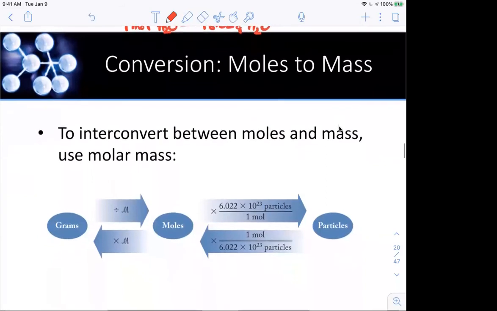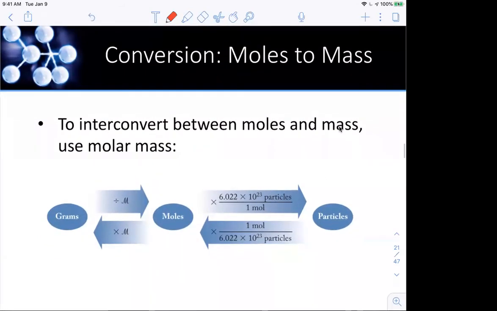So I can use this as a conversion factor to convert between moles and mass of a particular substance. This is just going to be the molar mass in grams per mole, which will give me that conversion between grams and moles.